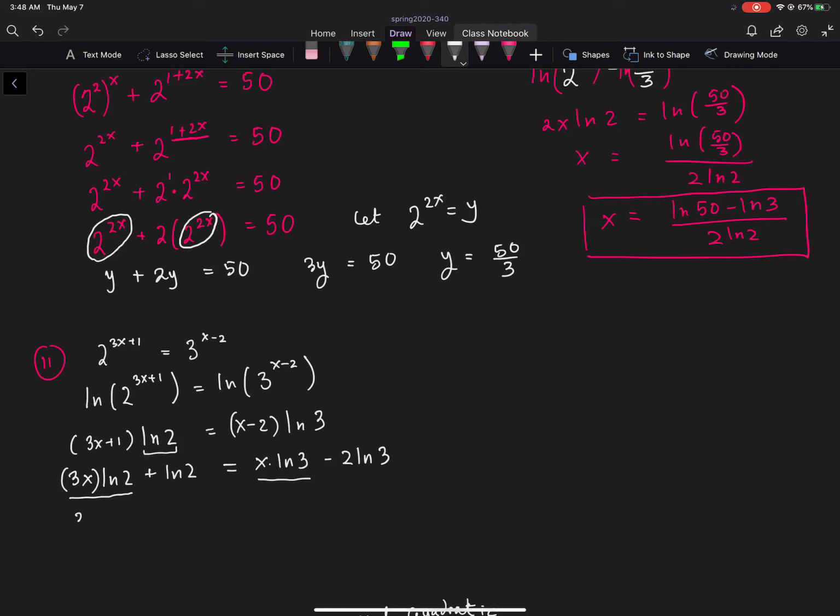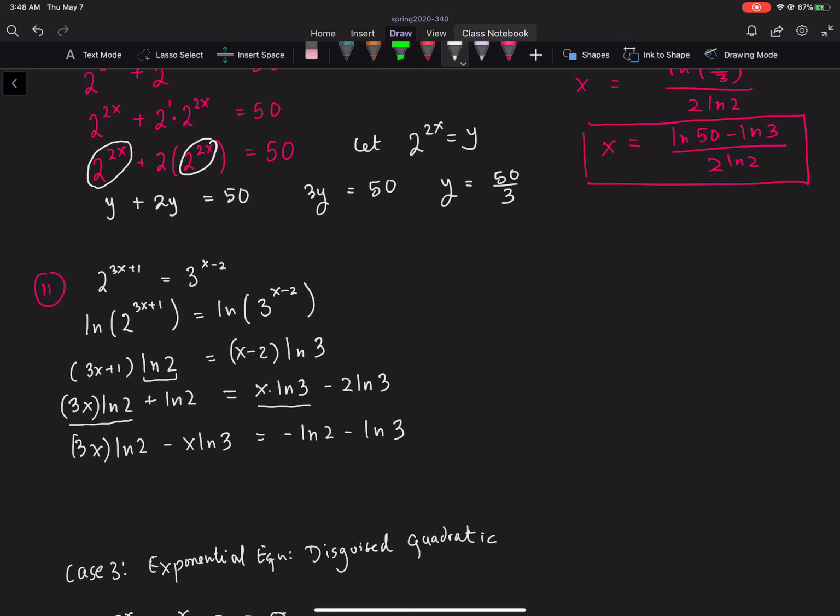So I have 3x ln 2 minus x ln 3 is equal to negative ln 2 minus ln 3. And then I can pull out the common factor, which is x. So I'm left with x times (3 ln 2 minus ln 3) is equal to negative ln 2 minus ln 3.